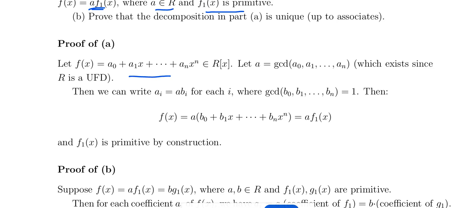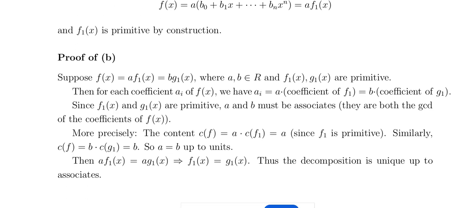So this is f of x, obviously correct, because bi equals ai by a. This is called f1 of x. That f1 of x is primitive by the construction of the function. f1 of x is primitive. That is the proof.